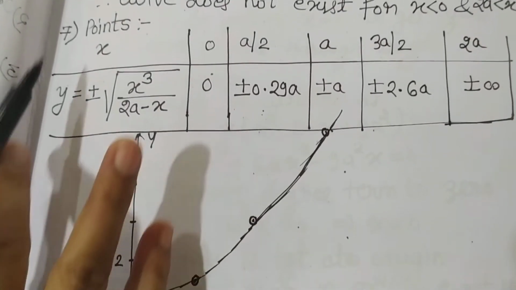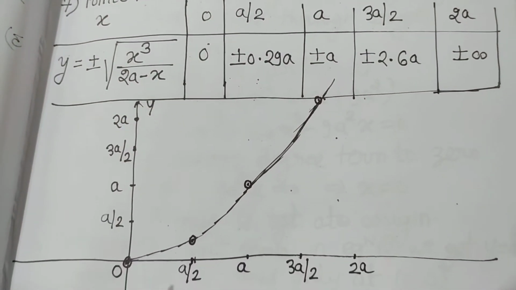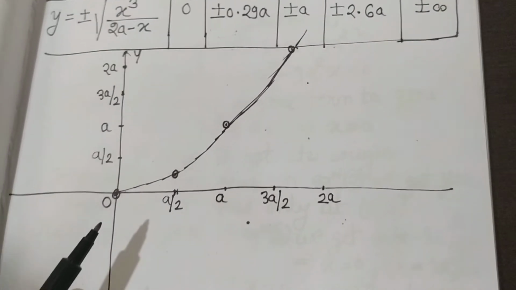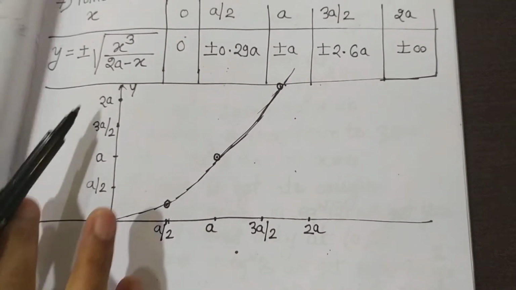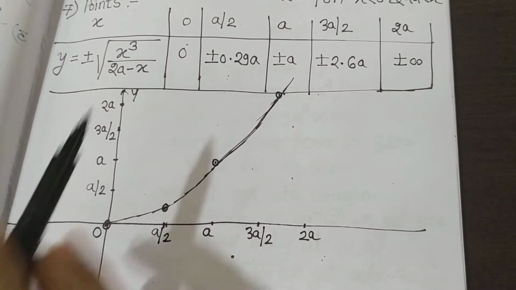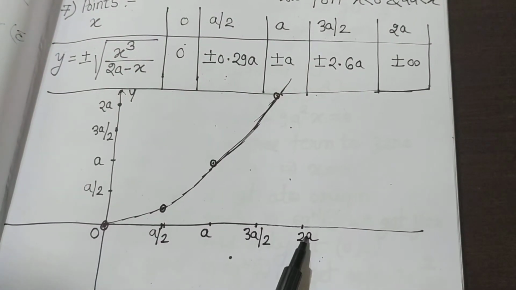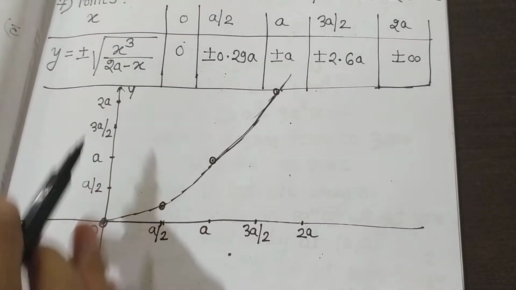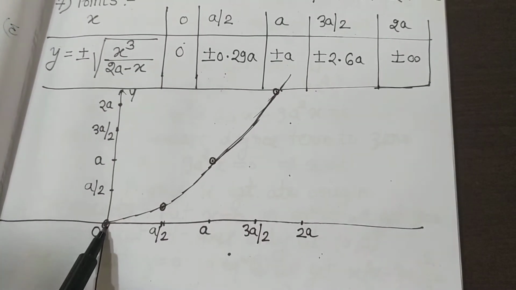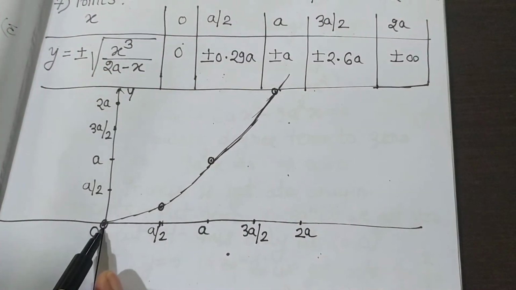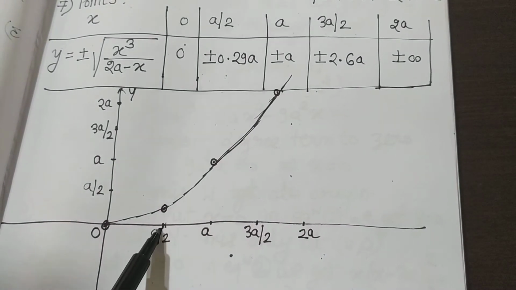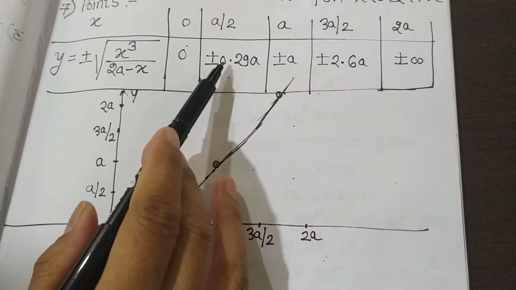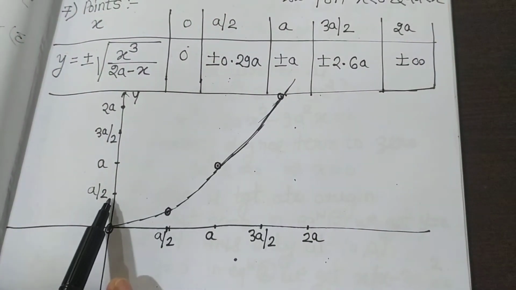Now, using these points and the rules and procedure which we have discussed so far, let us trace the curve. I will take the point on the x-axis up to 2a and similarly the points on y. Let us identify these points. The first point is x 0, y 0. The second point is when x is a by 2, y is plus minus 0.29a, nearly half of this.